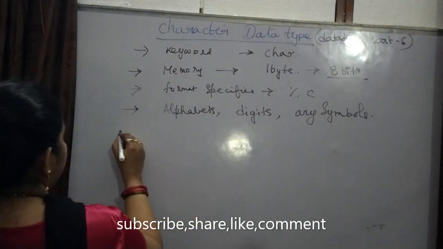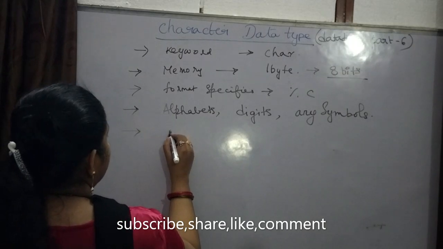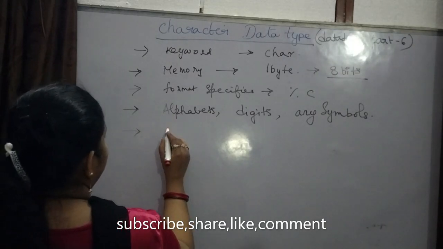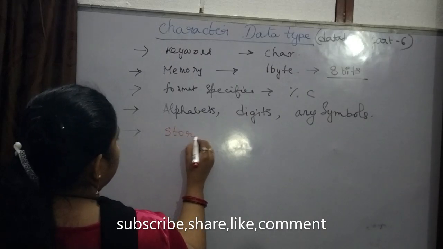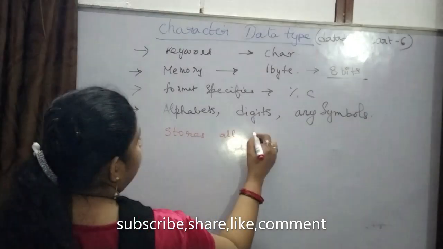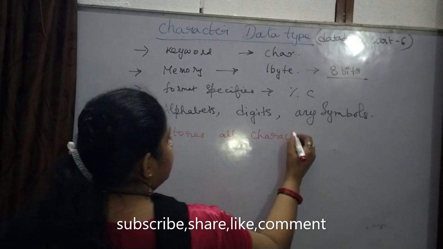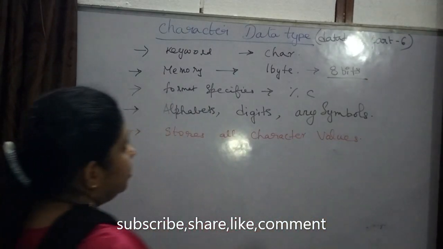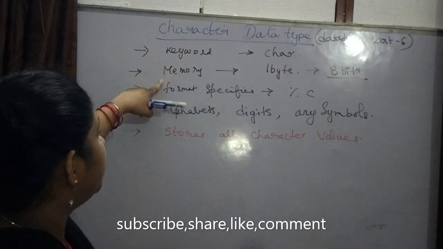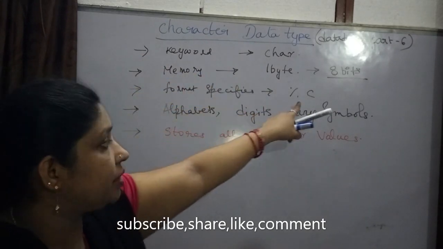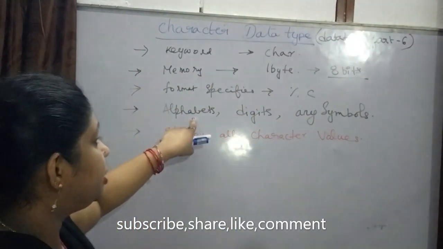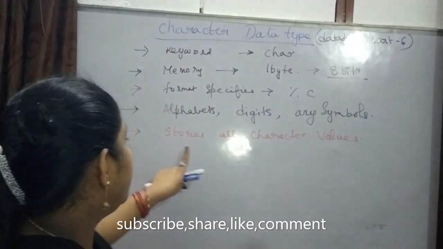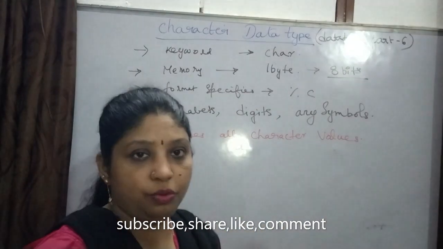It stores all character values. So, the keyword is char, memory is 1 byte, format specifier is %c, and it can take alphabets, digits, and any symbols. It stores all character values.